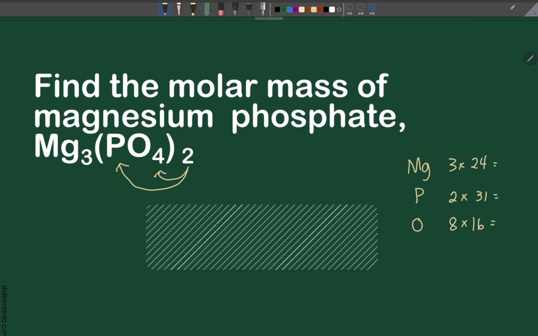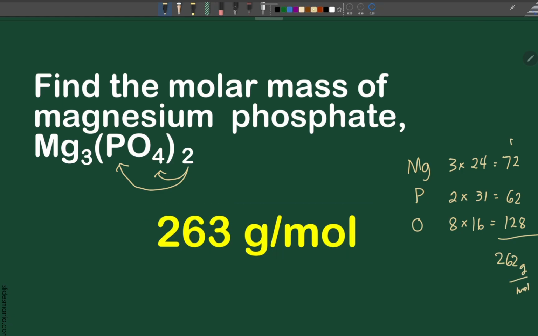Solve: 72, 62, and 16 times 8 is 128. Add these and that will be 262 grams per mole. Okay, in this case it is 263, maybe due to using the whole numbers.